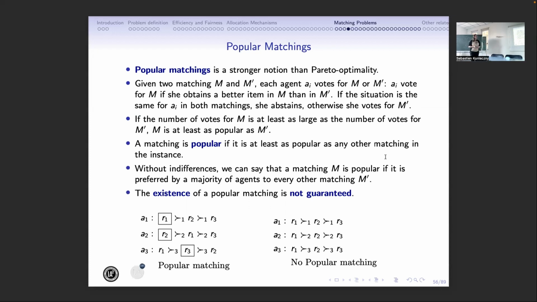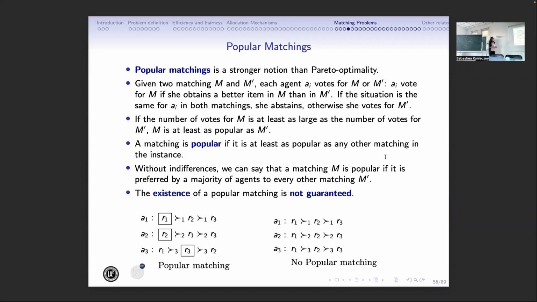Given two matchings M and M prime, each agent will vote for M or M prime. They vote for M if the resource they obtain in M is preferred to the resource they obtain in M prime. Otherwise, they vote for M prime.